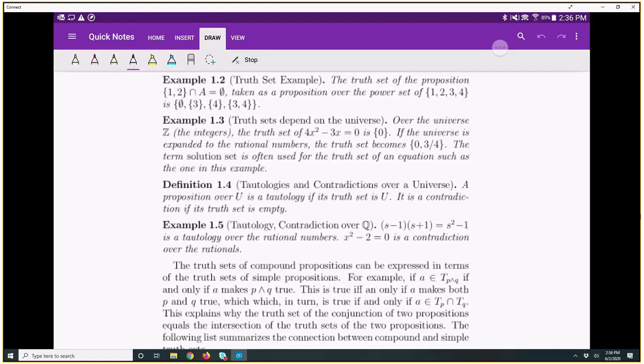However, if we expand the universe to be the rational numbers, we know that we can factor the left side. 4x squared minus 3x is x times (4x minus 3) equals 0. So we get the solution x equals 0, but we also get x could equal 3 over 4.